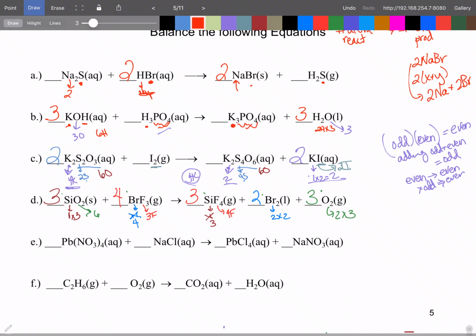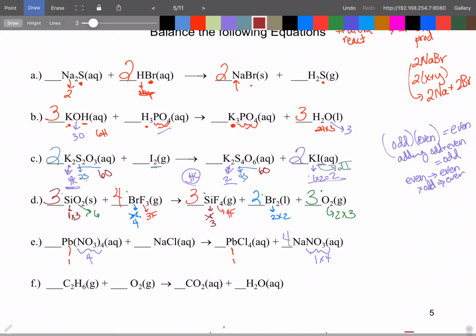Okay, so let's move on to equation E. So first things first, we have 1 lead here. We have 1 lead here, so we're good. We have a nitrate here, and we have nitrate here. It didn't change, so we can leave it alone, but we can treat it as an entity. We have 4 here. We have 1 here, so we need to multiply this one by 4.